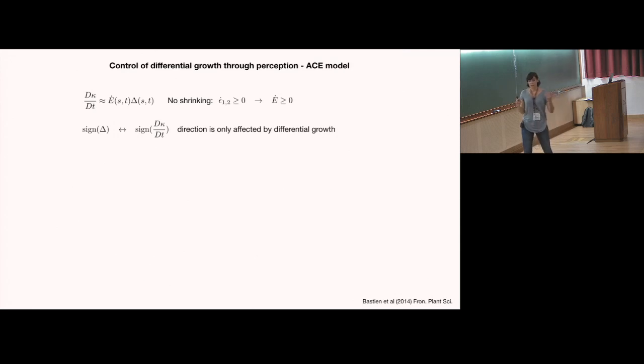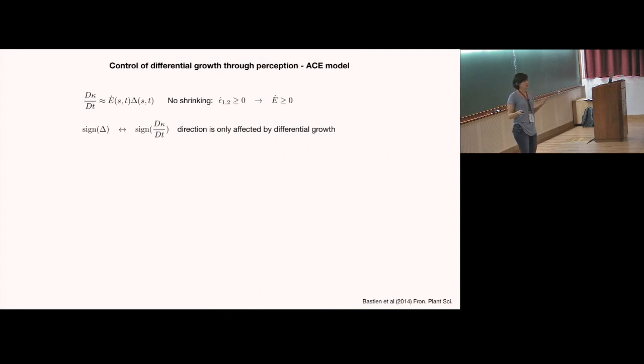Now, since we know that in our dynamics we have changes, oscillations, changes in the direction of kappa, it means that the sign of d kappa dt must change somehow. But we just said that E dot is always positive. So the only thing that can cause us to change direction is basically the differential growth, okay? The sign of differential growth is what dictates the sign of d kappa dt.